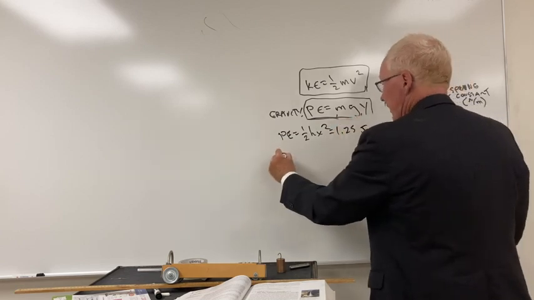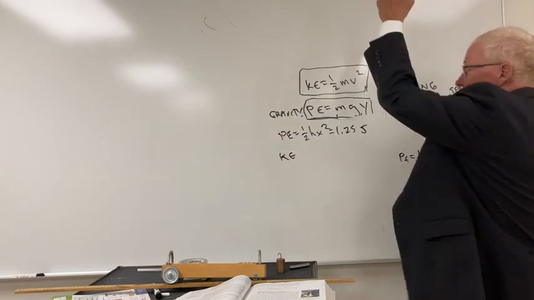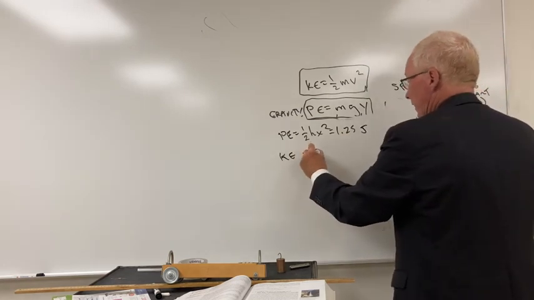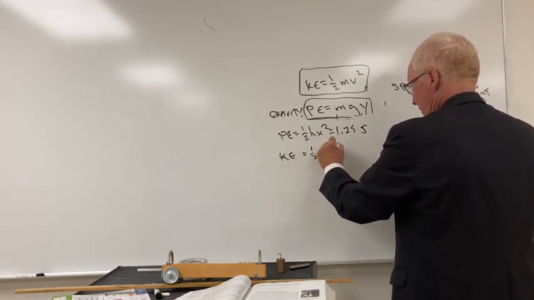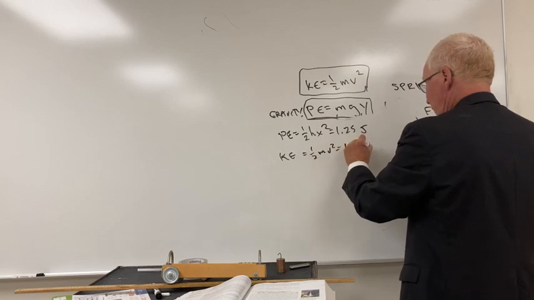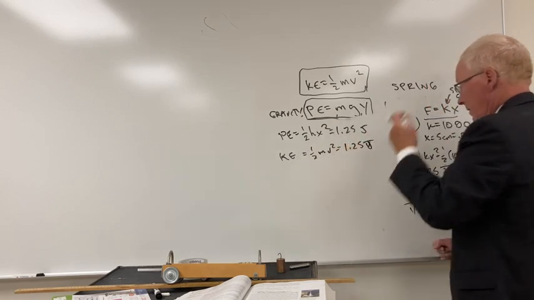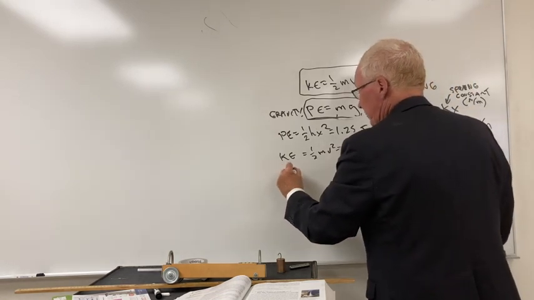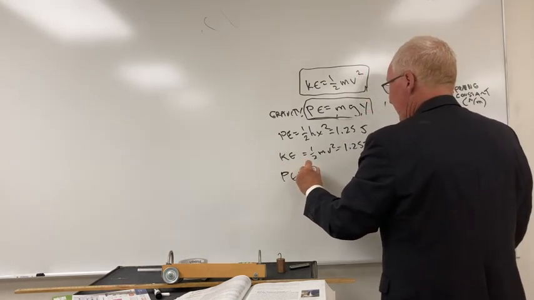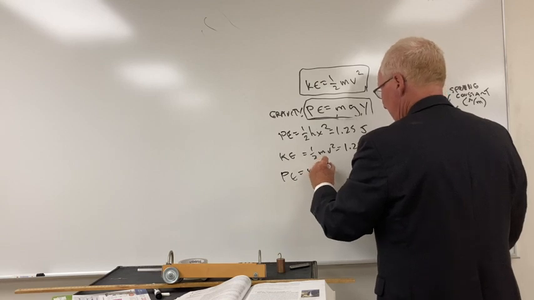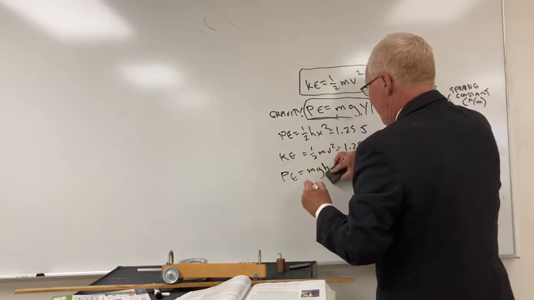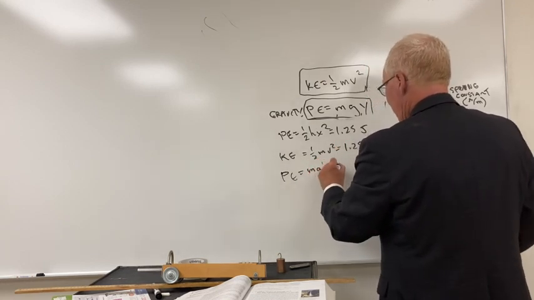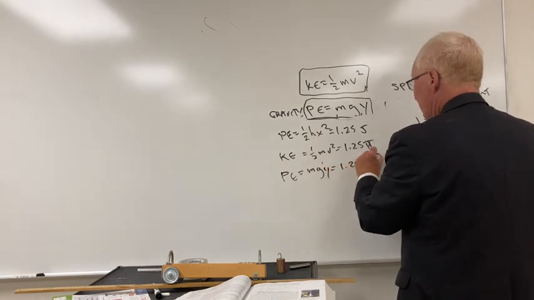That converts to kinetic energy, just before it flies up, of 1/2 mv squared, which is also 1.25 joules. And in this case, we only want to see how high it goes up. Well, that equals the potential energy of gravity, mgy, which is also 1.25 joules.